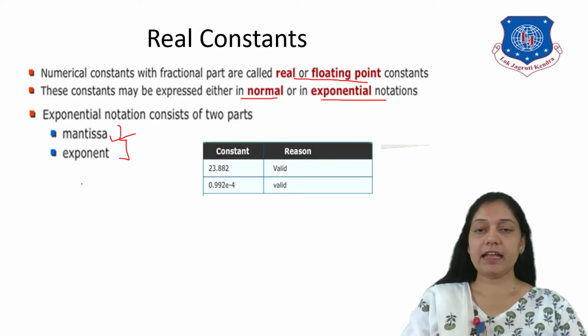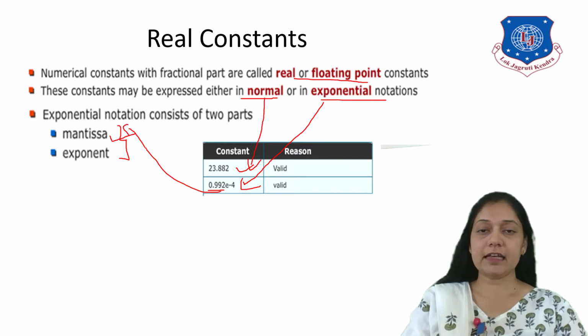So for example, when I write 23.882, it's the normal way of writing a decimal point number. But if I write 0.992e-4, then it's known as exponential notation. Here in exponential notation, 0.992 is your mantissa and minus 4 is your exponent. Okay.